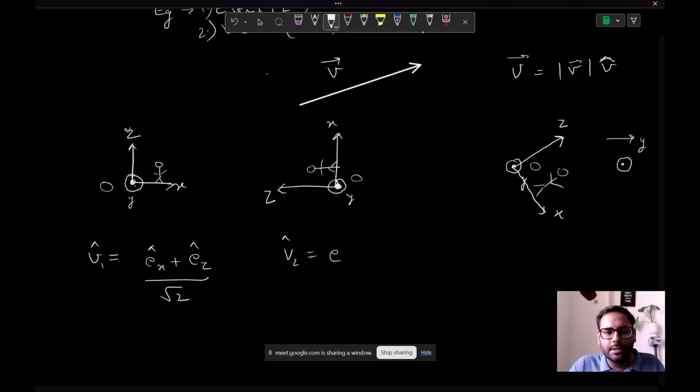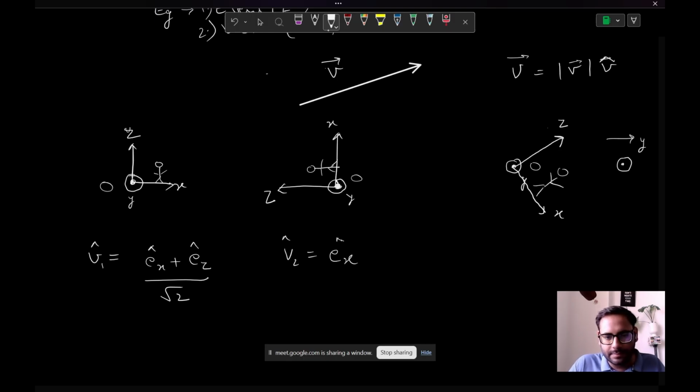You go in the x direction, then you go upwards in the z direction. Now what will be the direction of v in this frame? Tell me fast. What should I write? It is simple: (e_x minus e_z) over root 2.